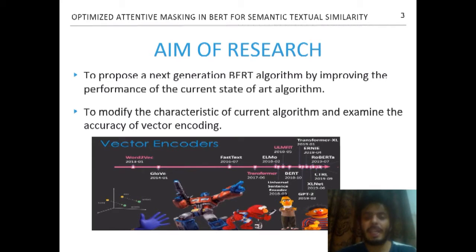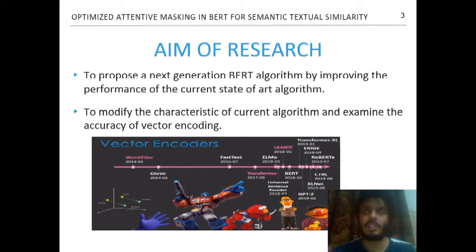Our main aim is to enhance the performance of the existing state of the art algorithm, which is the BERT algorithm. We will modify the characteristics of the current algorithm and examine the accuracy of vector encoding.